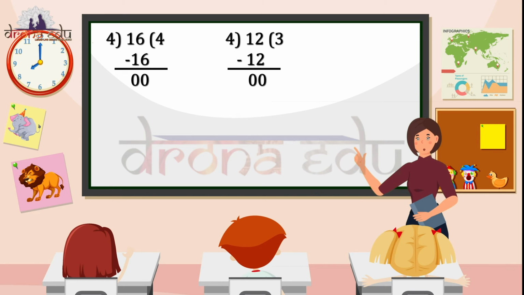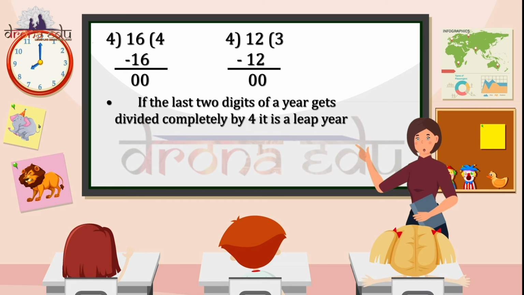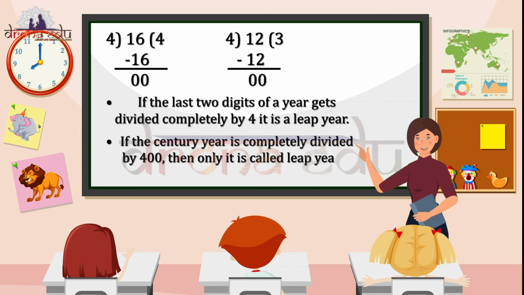If the remainder is 0, it means 2012 and 2016 are completely divisible by 4. So if the last 2 digits of a year get divided completely by 4, it is a leap year. And if the century year is completely divisible by 400, then only it can be called a leap year.